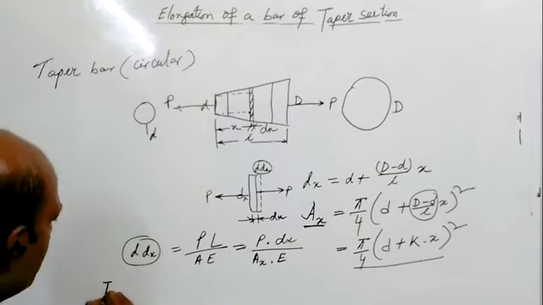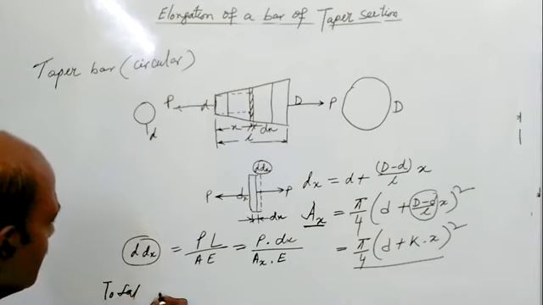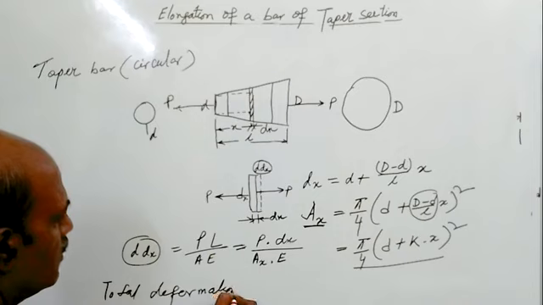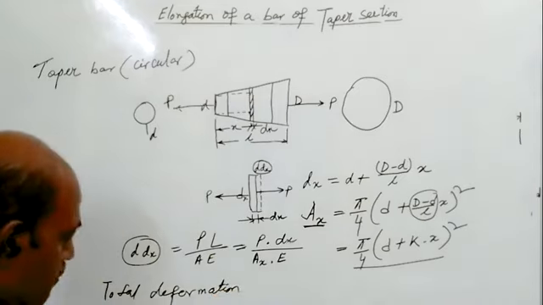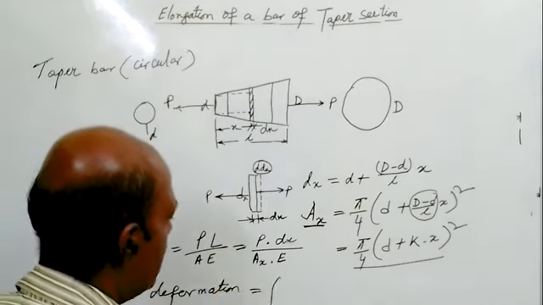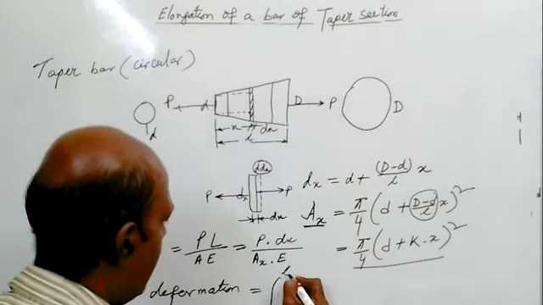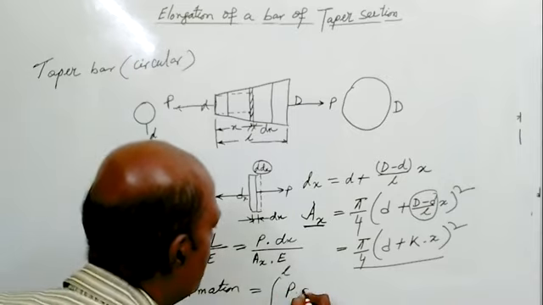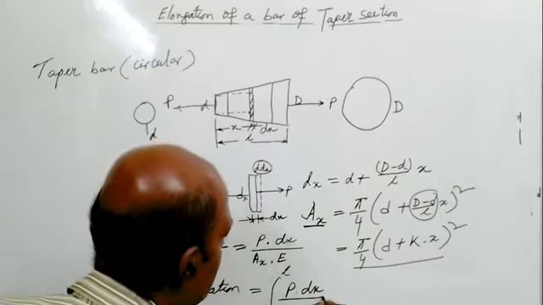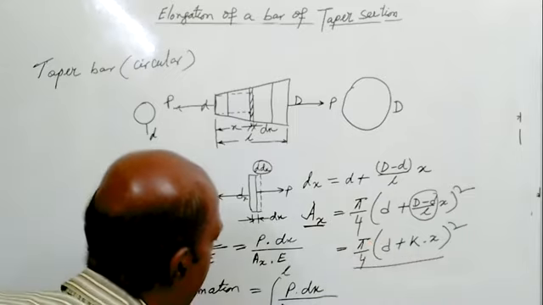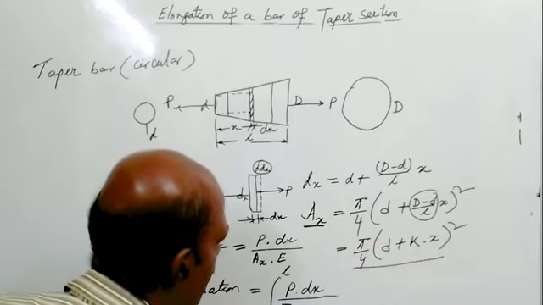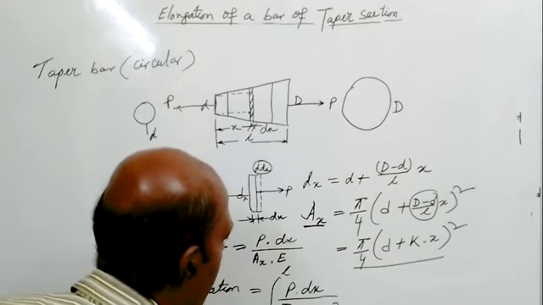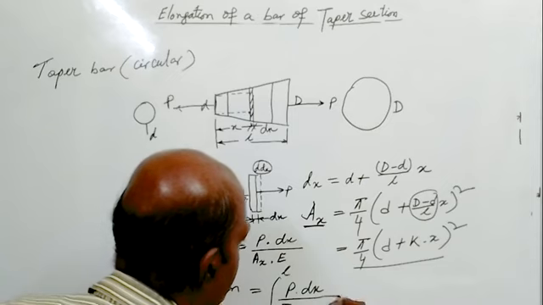So total deformation is given by the integration from 0 to L of P into dx divided by the area Ax, that is pi by 4 into (d plus kx) whole squared into E.